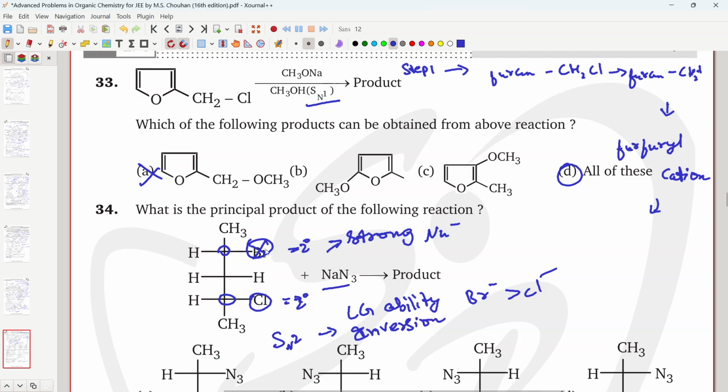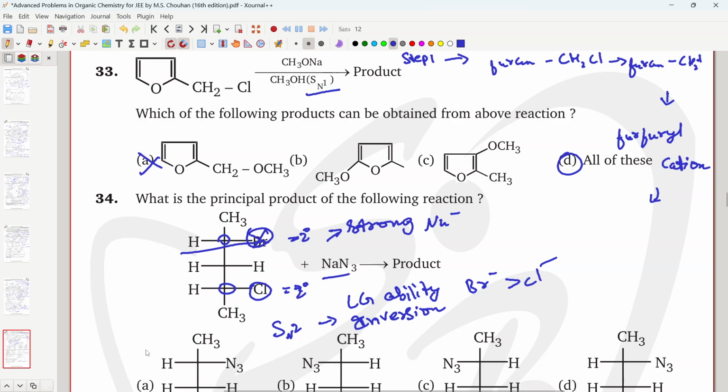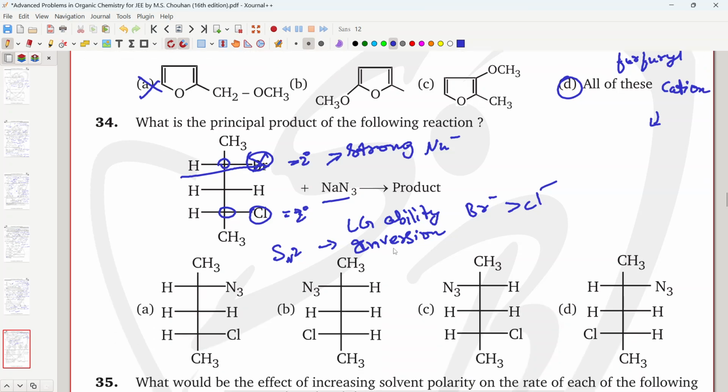So at the upper stereocenter, before it looks like this, after it looks like this. So the answer is option C.